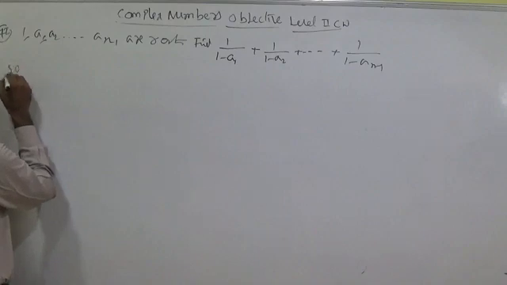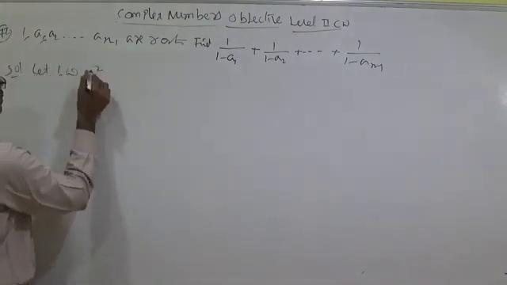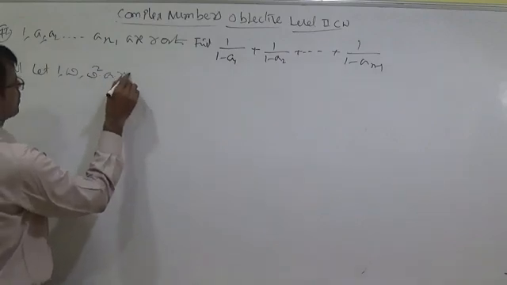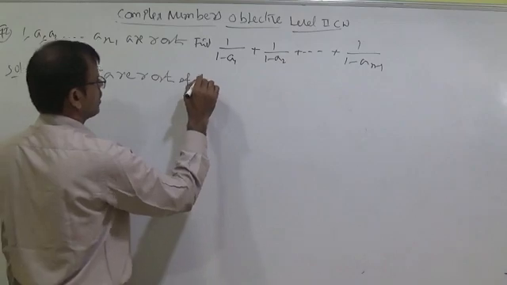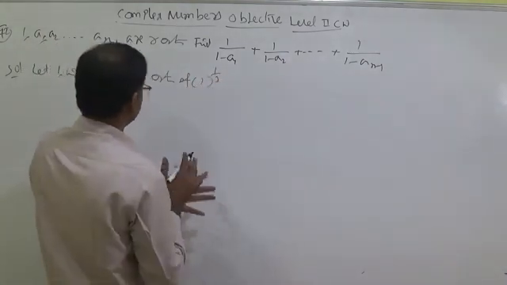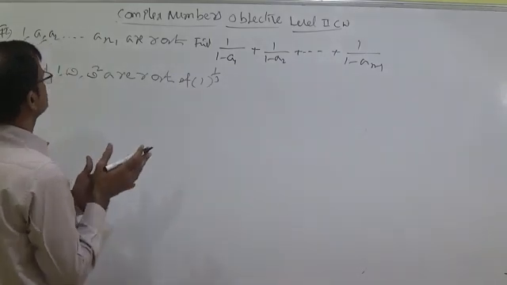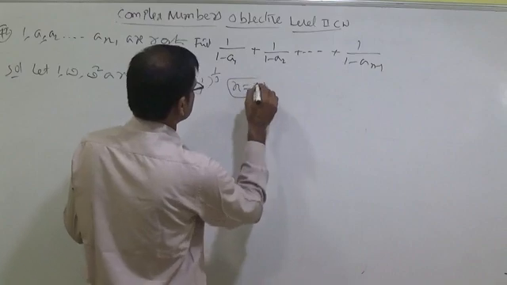Let 1, omega, omega square be the roots of 1 power 1 by 3. So if we take n is equal to 3, I have taken n is equal to 3.